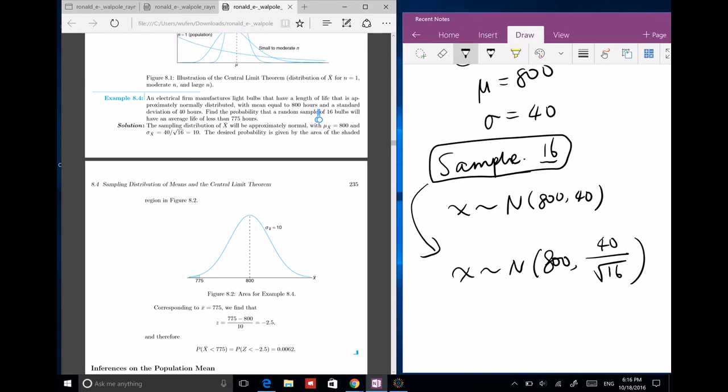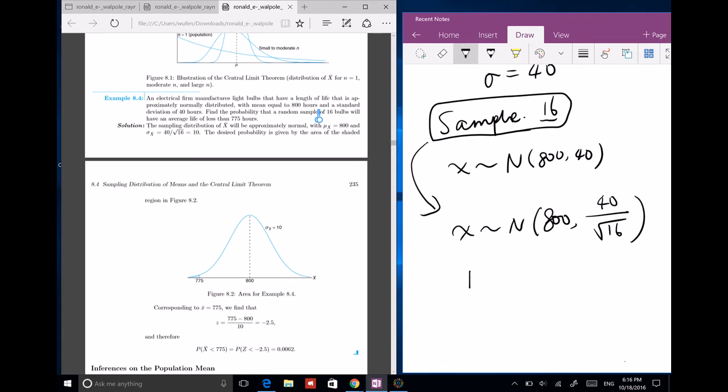So it is a normal distribution with mean 800 and a standard deviation of 40 over the square root of 16, which is 10.